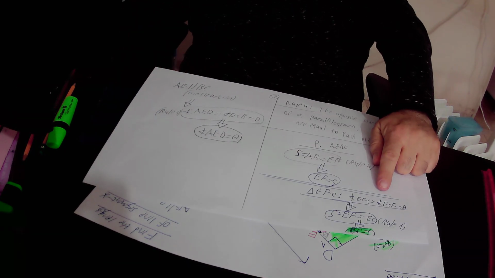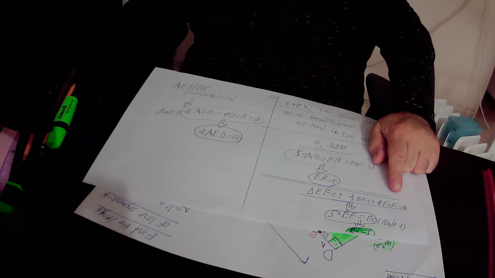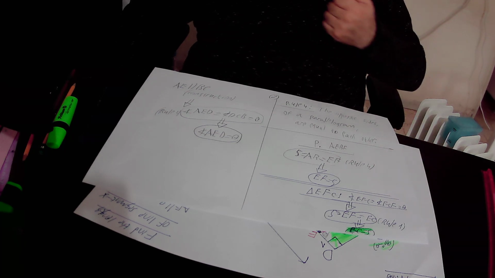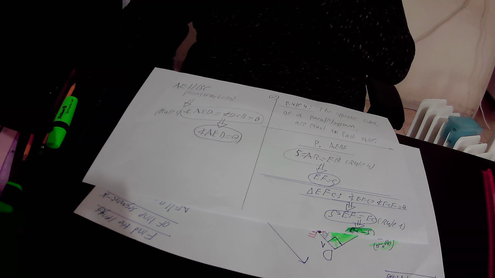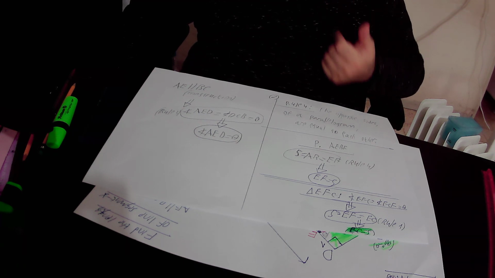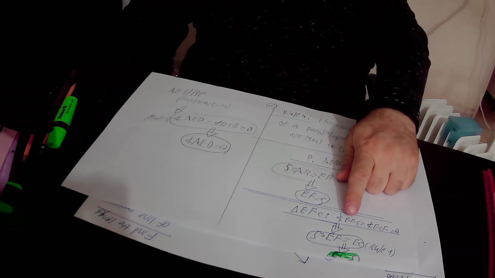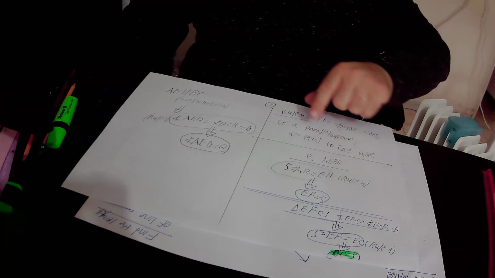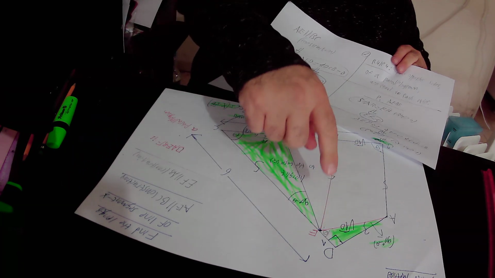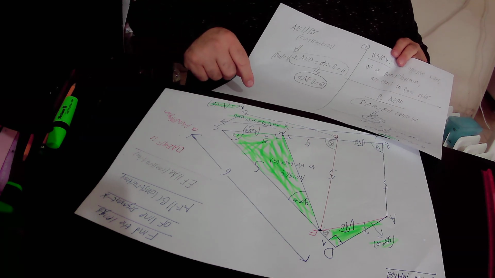Angle EFC equals angle ECF, and they are both equal to theta, therefore, according to rule number 1, that in front of equal angles in the triangle there are equal sides, we will conclude that EF equals EC.